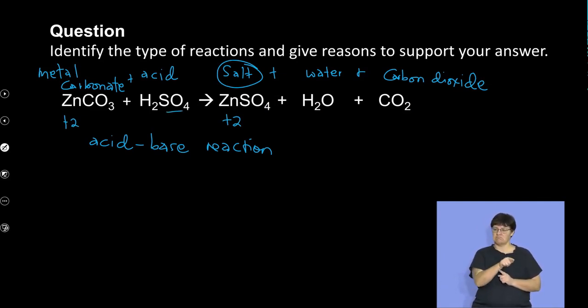So as a result, this is not a redox reaction. It's an acid-base reaction in terms of proton transfer. But the easiest way to classify this is to look at the products and work backwards to identify the types of reactants so that we are able to arrive at the type of reaction. So this is typically an acid-base type of reaction.